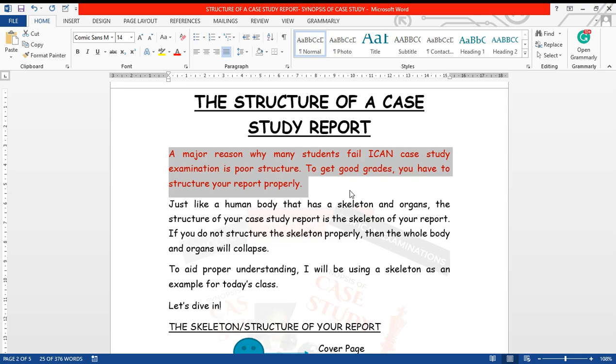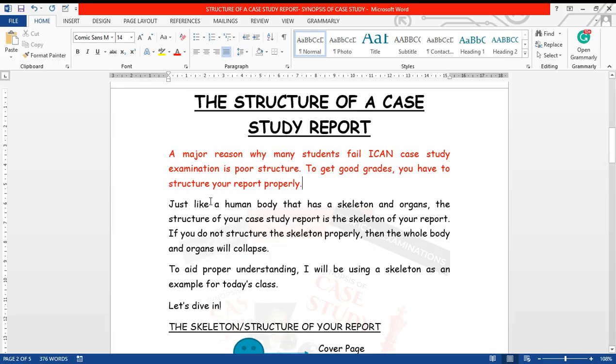It will look so weird. Fine, the person has a head and legs, but the leg is supposed to be down and the head is supposed to be up, right? If the structure is not in order, then the entire report will look off. So that's why students fail. You have to have a good structure. That's why this video is important, so ensure you watch it to the end because it's going to help you.